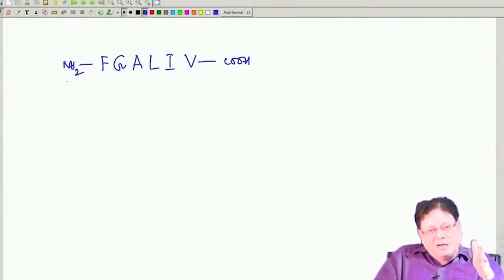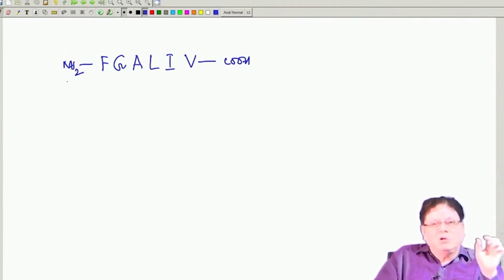We will come to the secondary, tertiary and quaternary later on, but we will talk about the primary structure. Primary structure means only the formation of this peptide bond. Primary structure is obtained by the combination of amino acids to form a peptide bond.